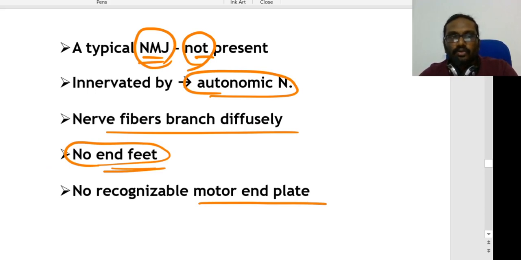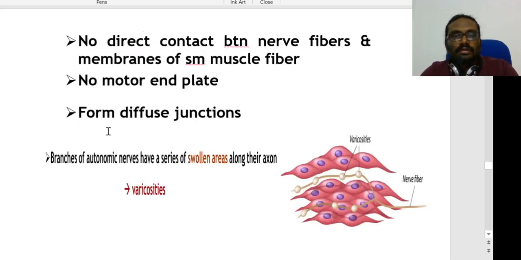But instead, what you would find are small rounded structures. They are called varicosities. See here, this is an axon which is going from a cell body. In a branch of the axon you find small varicosities. Don't you see these swellings? These are called varicosities.